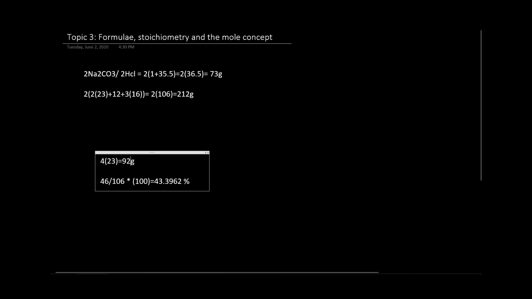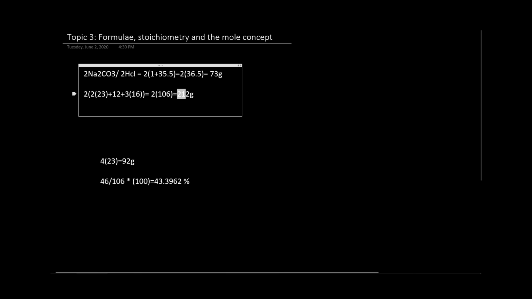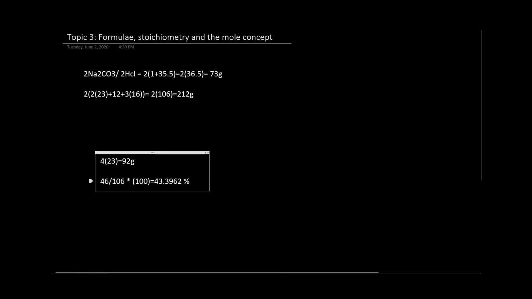There's something else that needs to be altered. See, what we saw earlier, that the percentage composition is calculated by taking the mass of an individual element, dividing it by the total mass of the compound, and then multiplying it by 100, right? So the individual mass of element here is 92 grams. The total is 212 gram and not 106 grams.